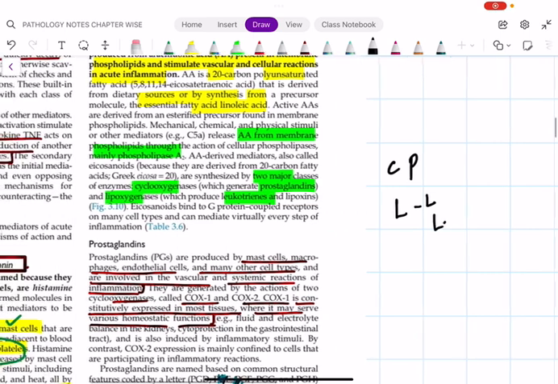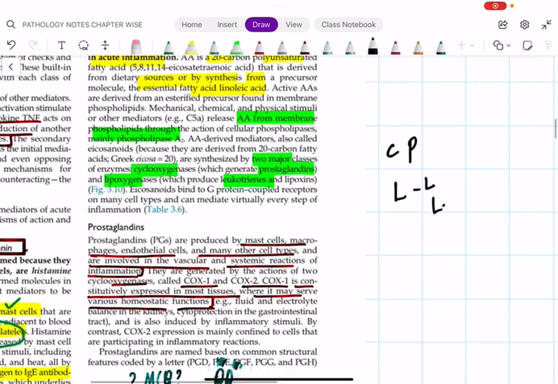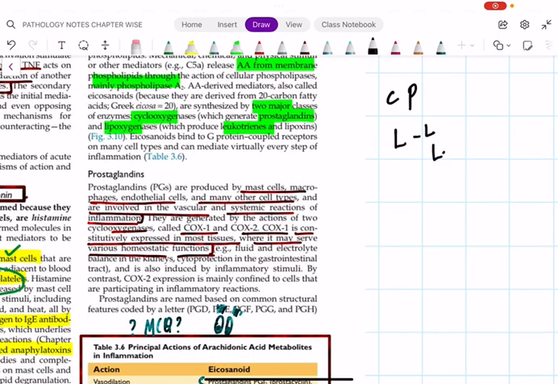The prostaglandins are produced mainly from mast cells, macrophages, endothelial cells. We have two types of COX enzyme, COX1 and COX2. COX1 is most commonly expressed in various tissues, whereas COX2 is expressed only in the cells participating in the inflammatory reaction. Here comes the question: out of COX1 and COX2, which is inducible?